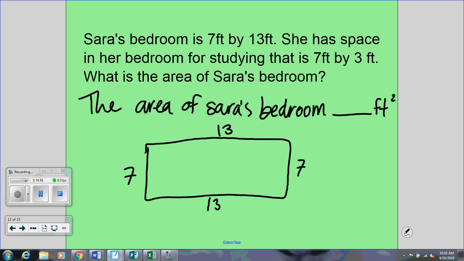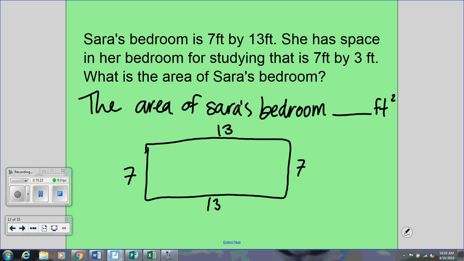Did I do that? Sweet. Next sentence. She has a space in her bedroom that is 7 feet by 3 feet. Where might that be? If she had a space that was 7 feet by 3 feet, where might that be in her bedroom? What do you think, Parker?